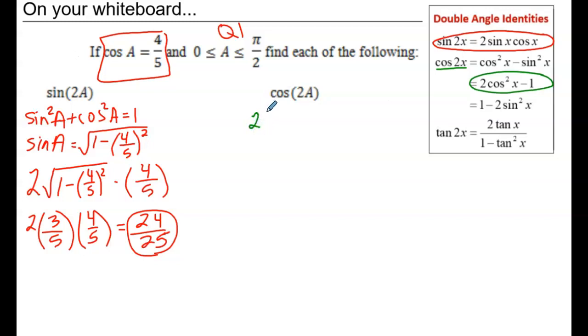So that's 2 times the cosine squared x. So I substitute 4/5 for the cosine, and then I'm going to square that, and that's minus 1.